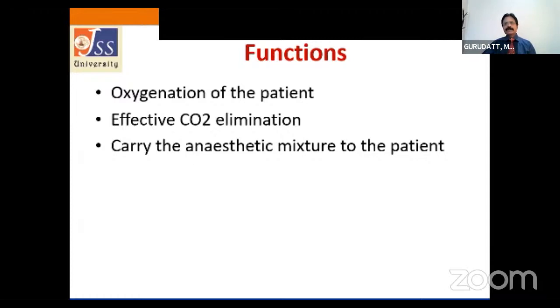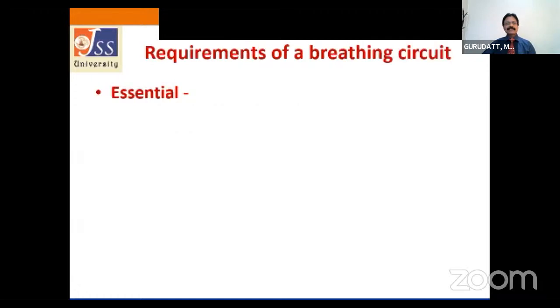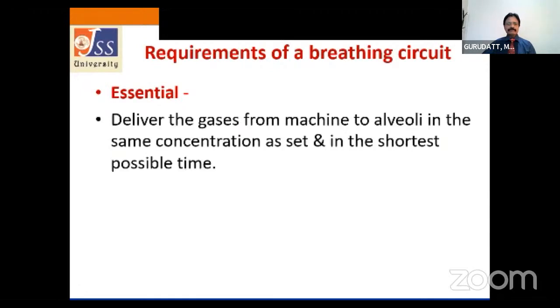Now, for these breathing systems, there are a lot of requirements when I want to use one. These requirements can be classified as essential requirements and desirable requirements. So what are the essential requirements of a breathing circuit? One thing is the breathing system should deliver the gases from the machine to the alveoli in the same concentration as set and in the shortest possible time.